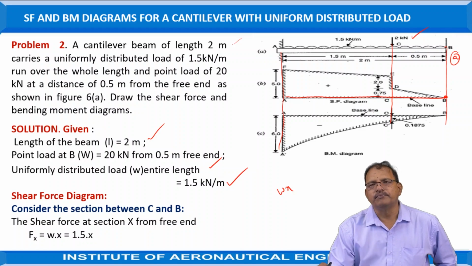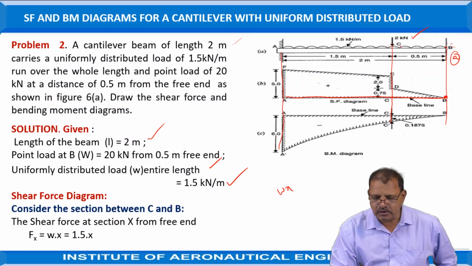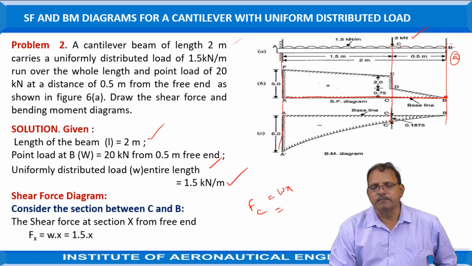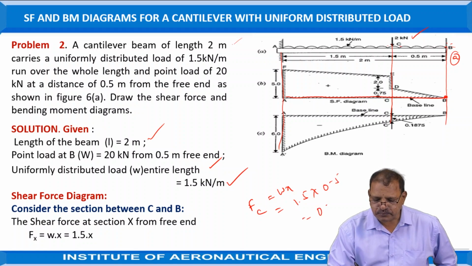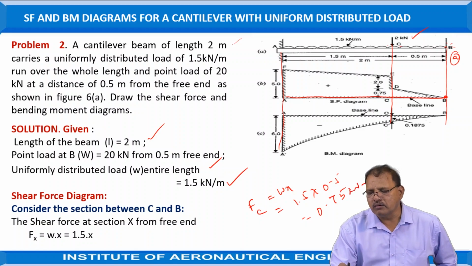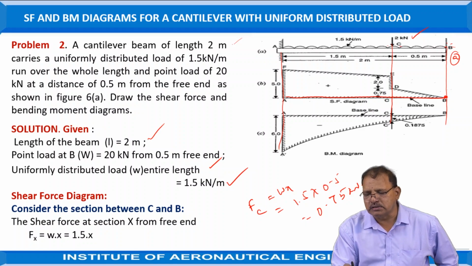From B to C, there is no point force acting between B and C. Hence, the unbalanced force between B and C is equal to W into X, which is equal to 1.5 kilonewton per meter into the distance 0.5, which is equal to 0.75 kilonewton. It is acting in the downward direction, so this value is treated as positive. It depends only upon length, hence it follows the straight line law.